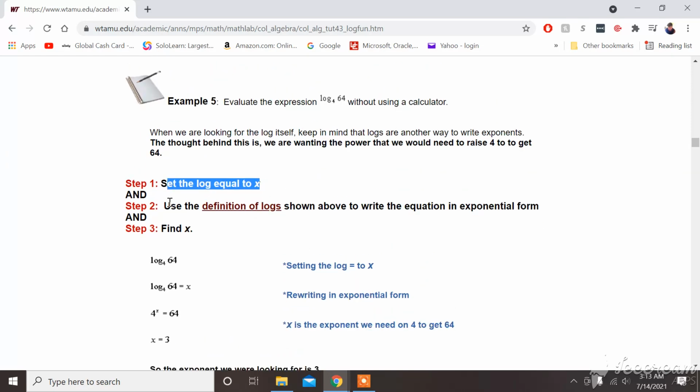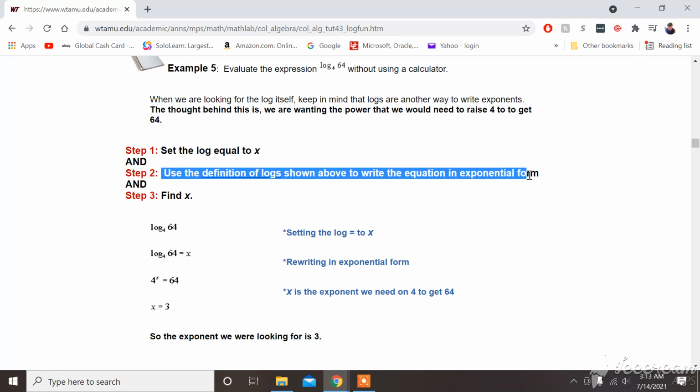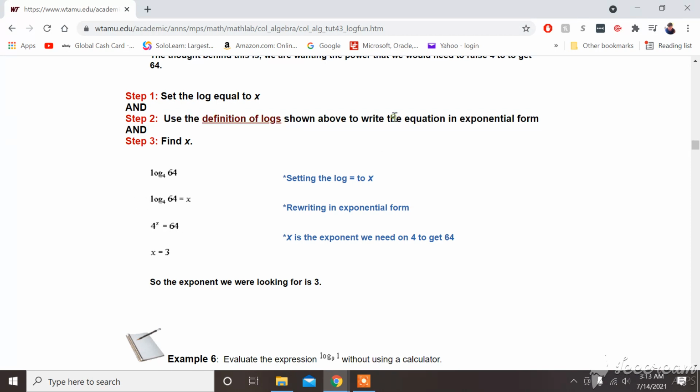So step 1, set the log equal to x. And use the definition of log shown above to write the equation in exponential form. When we transfer it, this is the definition of logs, and all of that is also writing in exponential form.